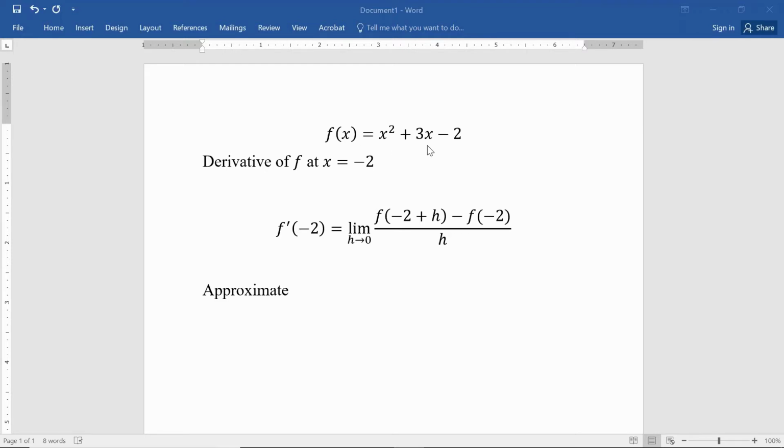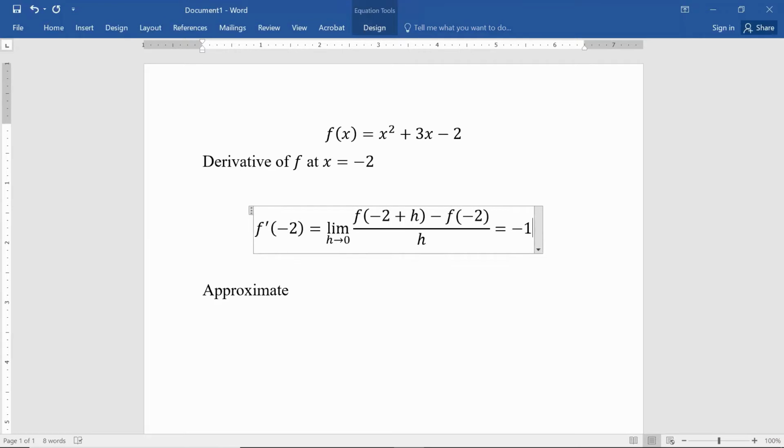So our function f of x is equal to x squared plus 3x minus 2. We want to find the derivative of f at x equals -2. We have done this earlier using the limit of the difference quotient. In fact, we came out with a -1 as our derivative.